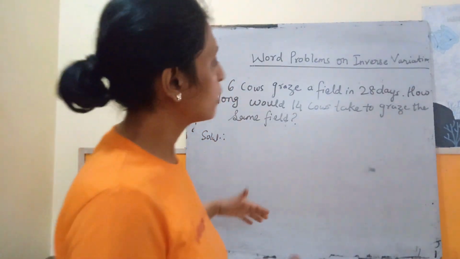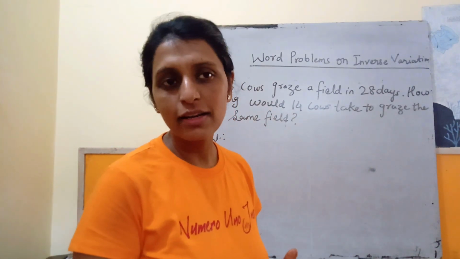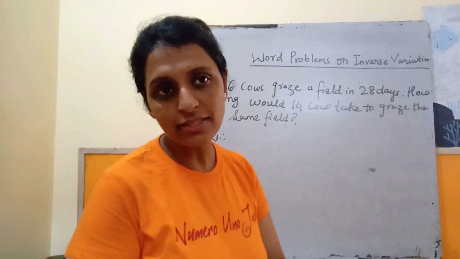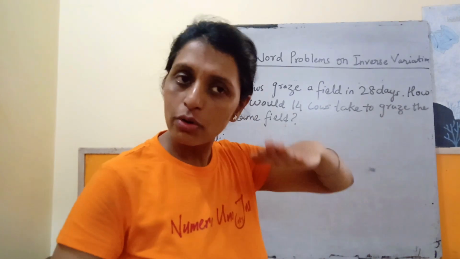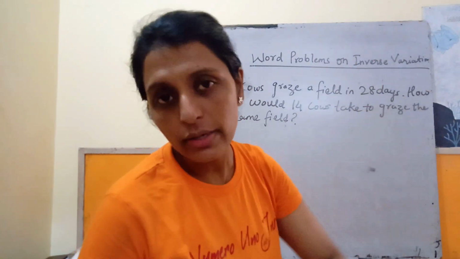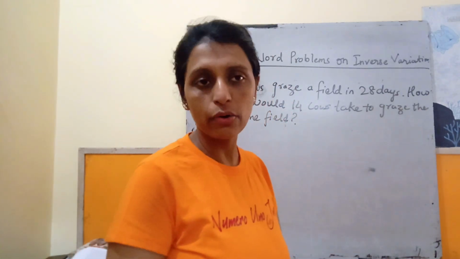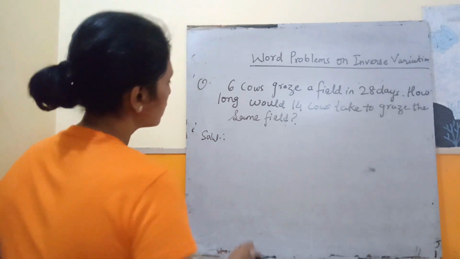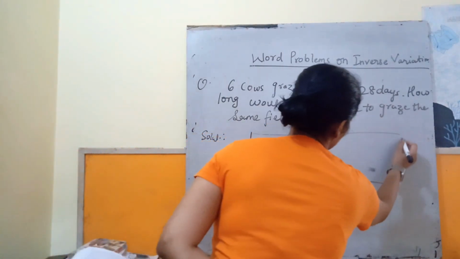Definitely, because the more the number of cows, the lesser will be the number of days in order to graze the field. So it means that one quantity is increasing, the other quantity is decreasing, and that is why it is an inverse variation.